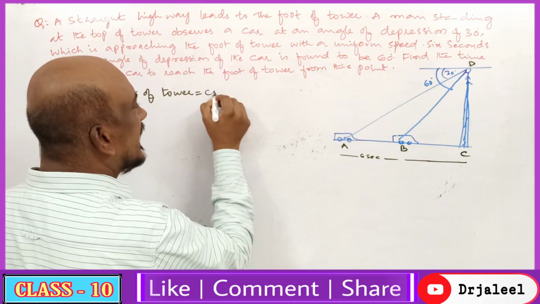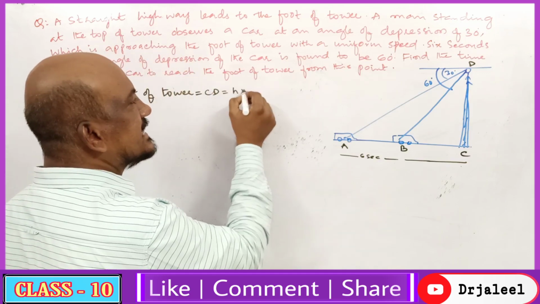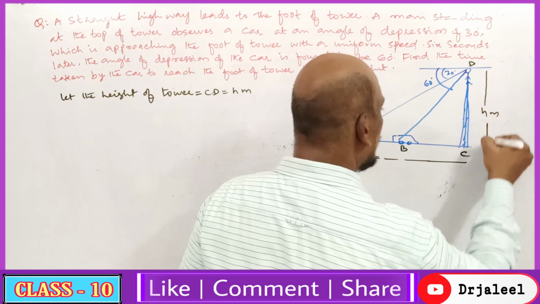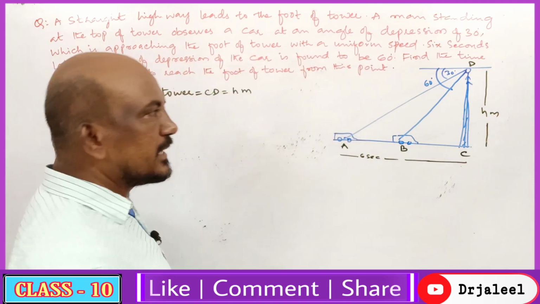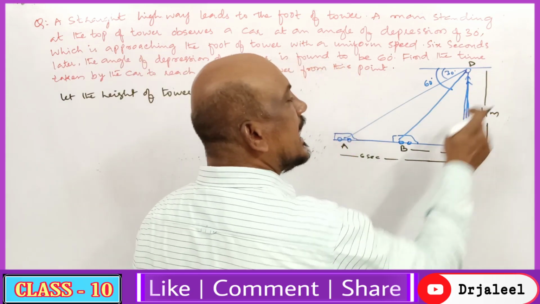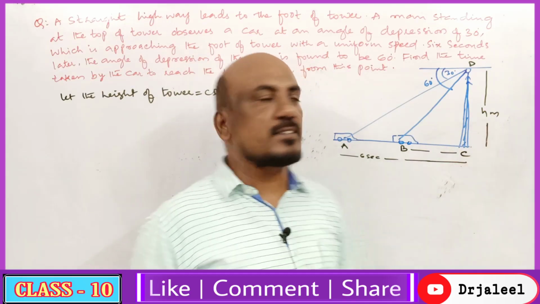CD. Is a height given to us? No, it is not at all given. So let us take it as h meters. If you don't take it also, no problem. You can keep it as CD also, no issue. Because this distance is not known, this distance is also not known. So I am taking this as h meters.